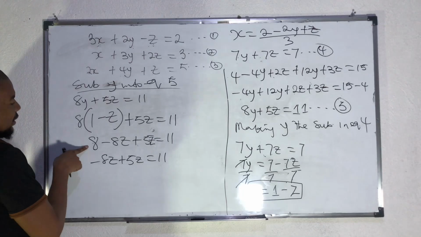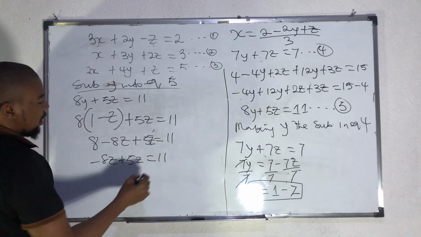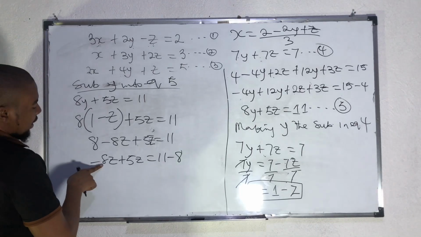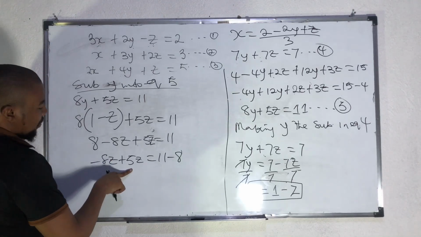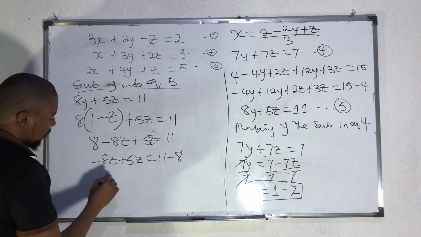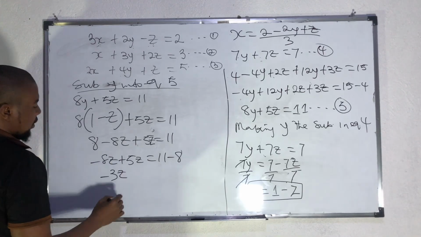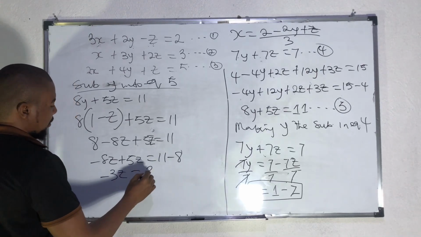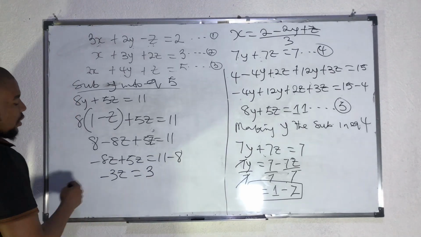This 8 here is a plus; if it goes over the equality sign, it now becomes a minus 8. Let's simplify further. Negative 8z plus 5z is just like saying negative 8 plus 5. It's going to give you negative 3z is equal to 11 minus 8, which is a 3.